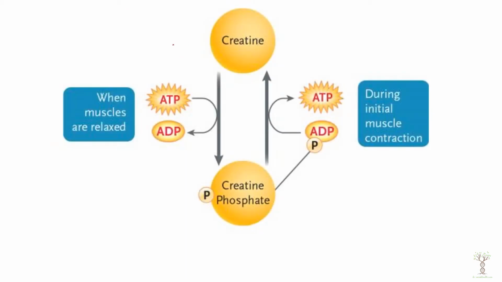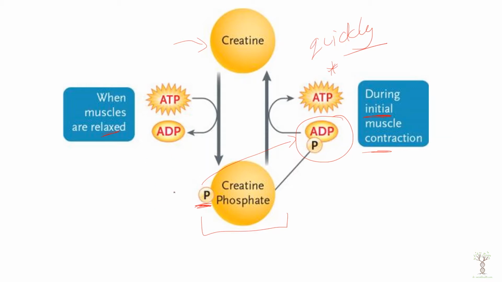So creatine is a molecule that is stored in the muscle fibers, and it can be phosphorylated to produce creatine phosphate. And then this phosphate can be used to directly bind to an ADP molecule so that we can produce ATP very, very quickly. So this is used primarily during the initial muscle contraction, like within the first few seconds of muscle contraction.